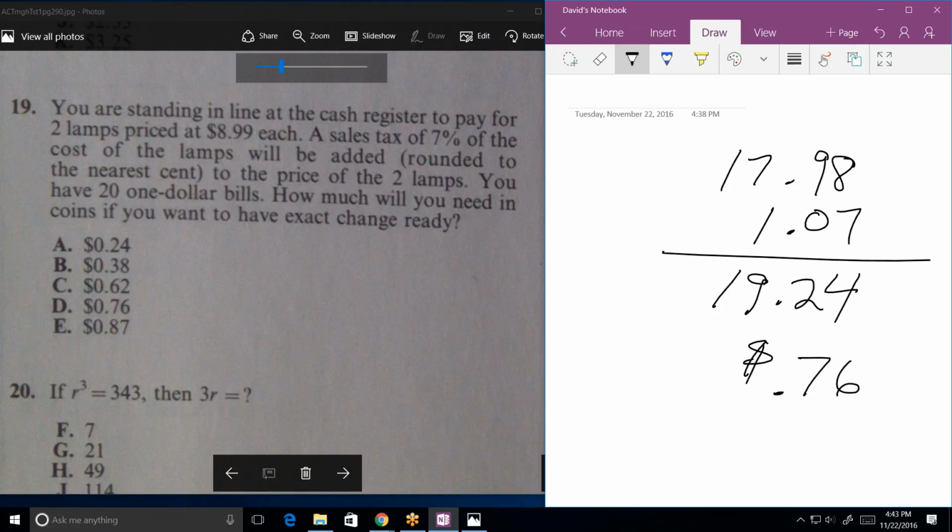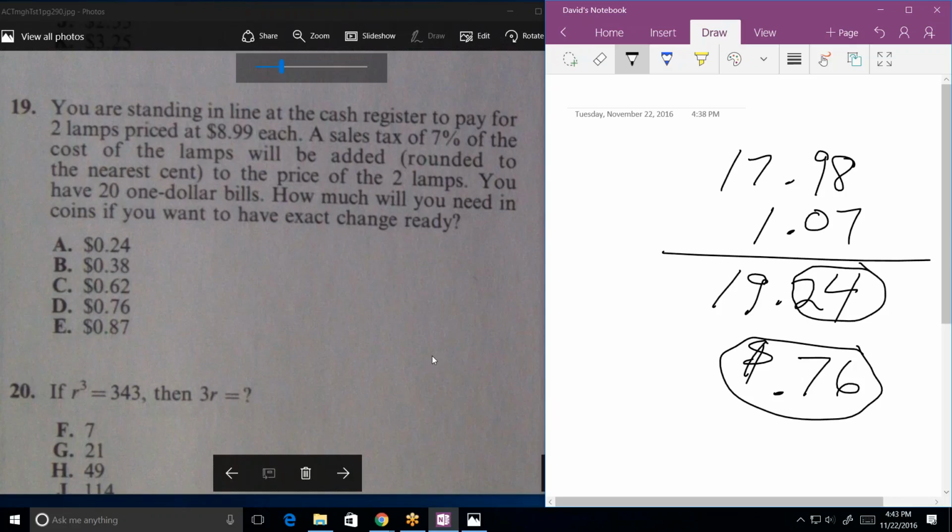So you'd still get this much change back, but that's not what they're asking. They're asking that if you want exact change, you're going to use 19 of your $1 bills, and you're going to have 24 cents in exact change. So this is actually a pretty tricky question. It will really be easy to make a mistake on this one.